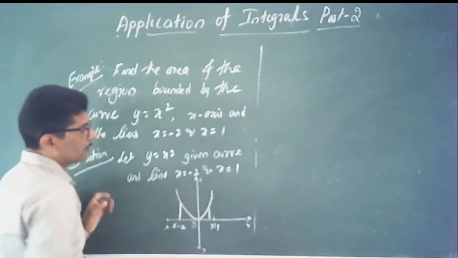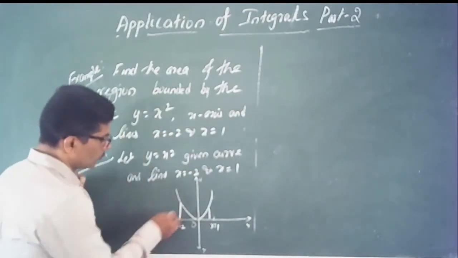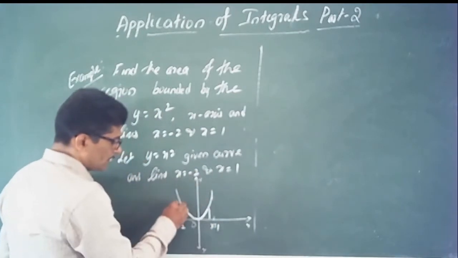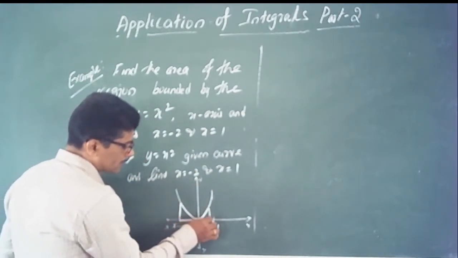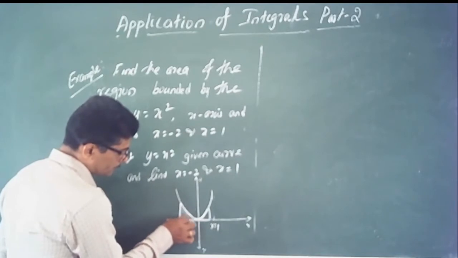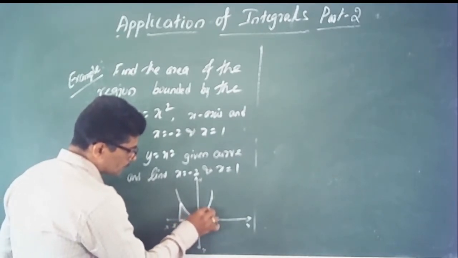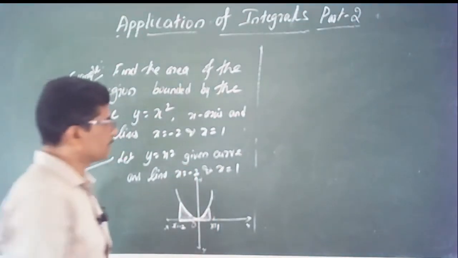Here find the area enclosed or bounded by the curve. Boundaries are, this one is the curve, this line is a boundary, this line is a boundary, and the x-axis is another boundary, enclosed between this curve. We are finding this area, the required area.